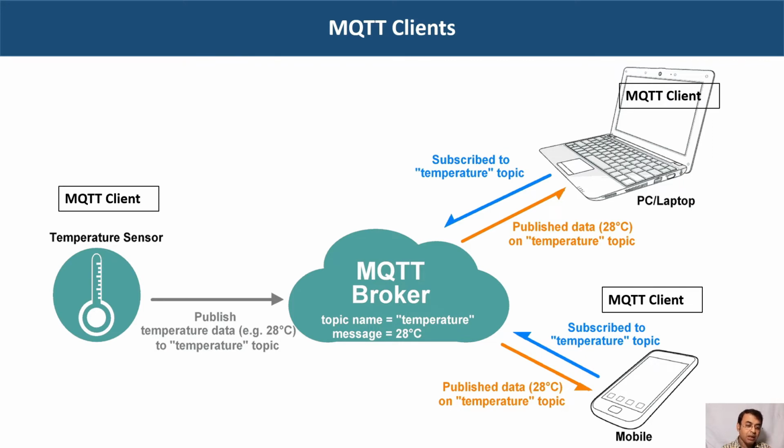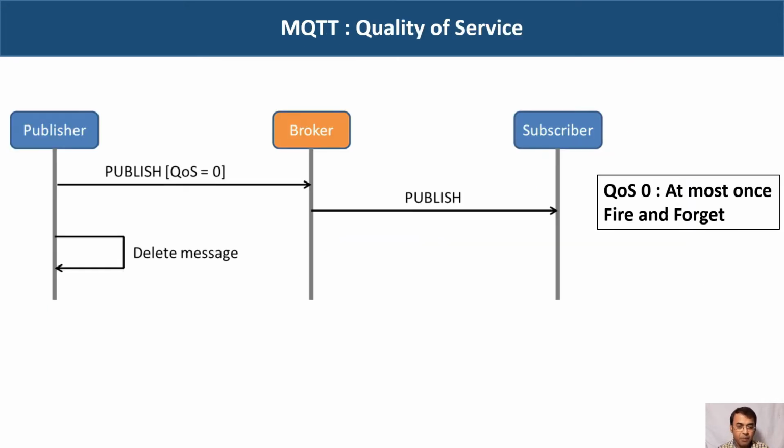That means the MQTT broker has published the data for the topic temperature to the mobile phone, that is the MQTT client. This is the communication between MQTT client and the broker. So, for our case, we will install the MQTT broker as Mosquitto in my Raspberry Pi.